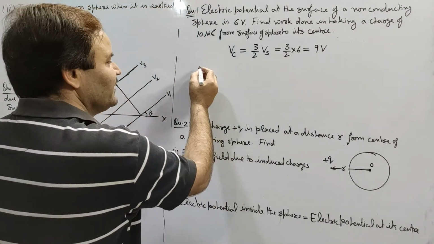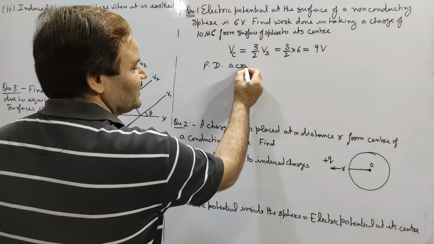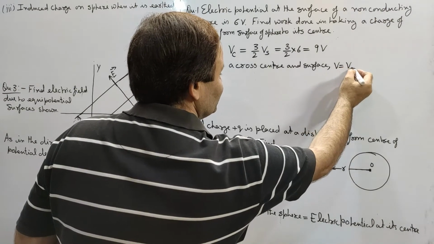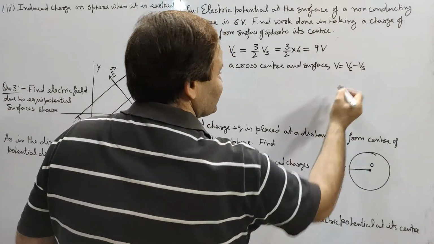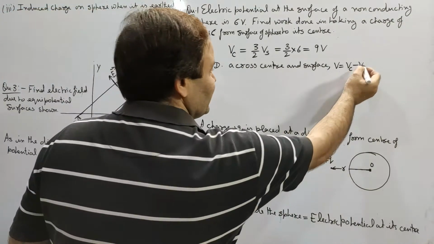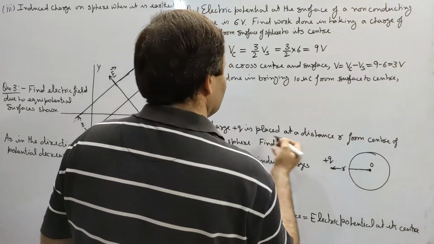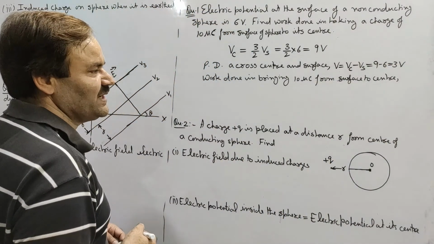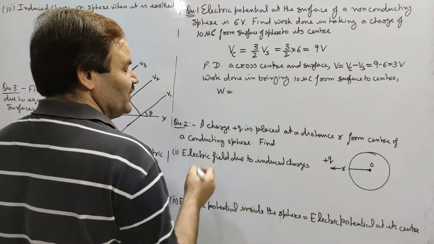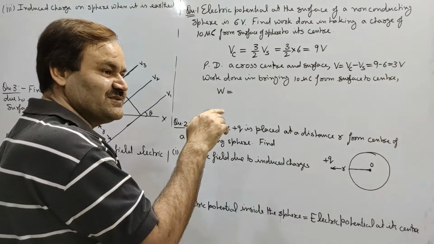So now we can find out the potential difference across the center and surface. This potential difference V will be equal to Vc minus Vs, since Vc is greater than Vs. So it will be 9 minus 6, that is 3 volt. So the work done in bringing 10 microcoulomb from surface to center, W, will be charge into potential difference, because potential difference is work per unit charge.